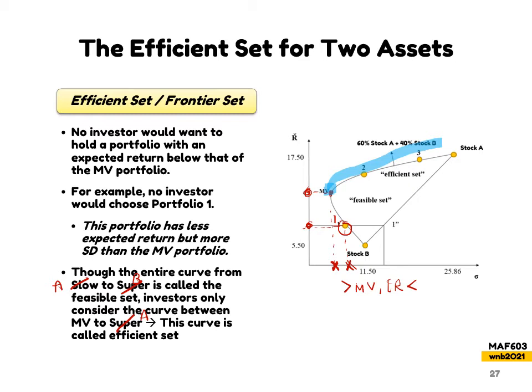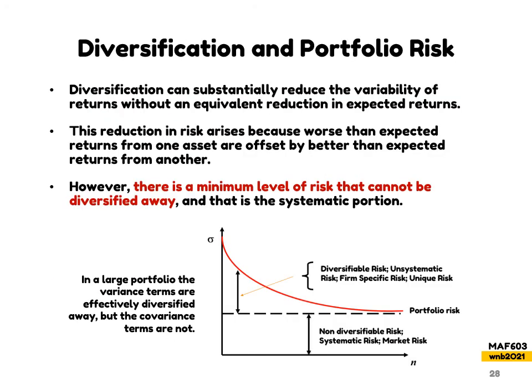So from MV to point A only, this we call the efficient set or frontier set. We are done with the efficient set for two assets.